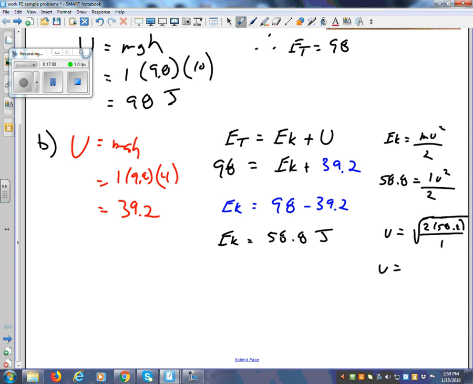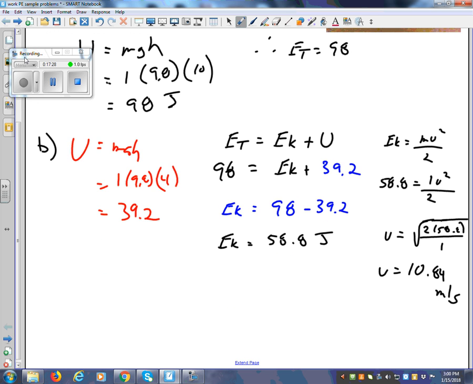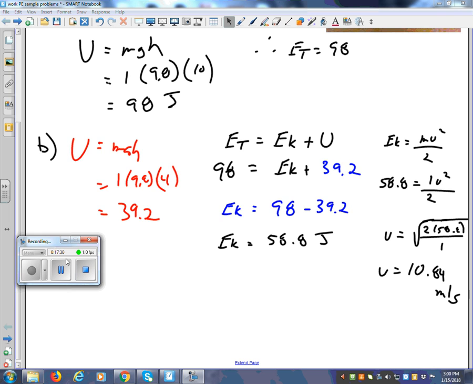The square root is 10.84. That sounds like the more familiar number. So it's just an alternate route to that answer from a conservation of energy standpoint. Did we complete the problem? 10.84 meters per second.